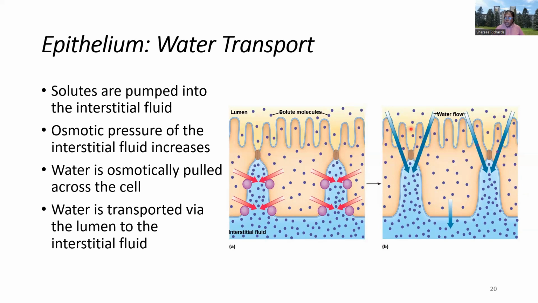And so now water wants to flow from the lumen into the interstitial fluid. This is how we absorb water into our tissues. This is how we keep our tissues moisturized and hydrated, by creating solute gradients first, by pumping solutes into this area. And then because water really wants to get to this area of high solute concentration, it will naturally flow by osmosis to this area.